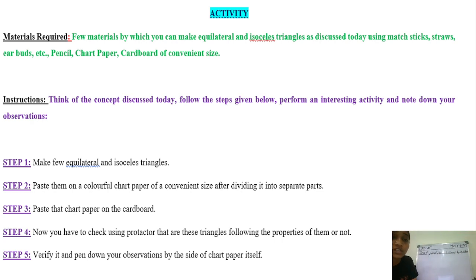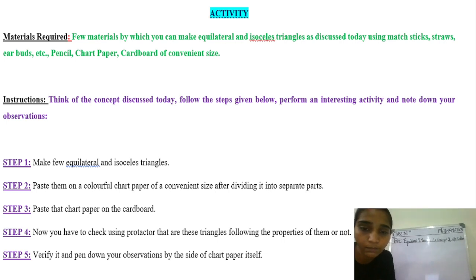And then you have to check, using the protector or the ruler, whether the sides of equilateral triangle all are equal or not, and in the isosceles whether the base angles opposite to the equal sides are equal or not. Okay, this thing you have to verify, and then pen down your observations by the side of the chart paper itself. Okay, this is a good, fun activity which you can perform. Use your creativity.